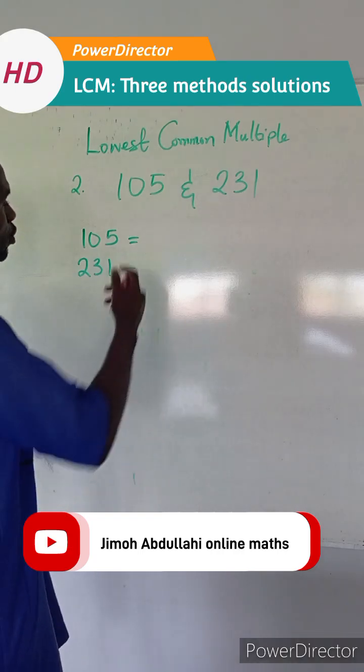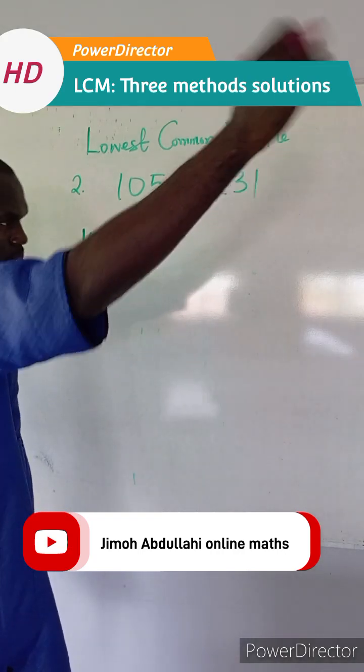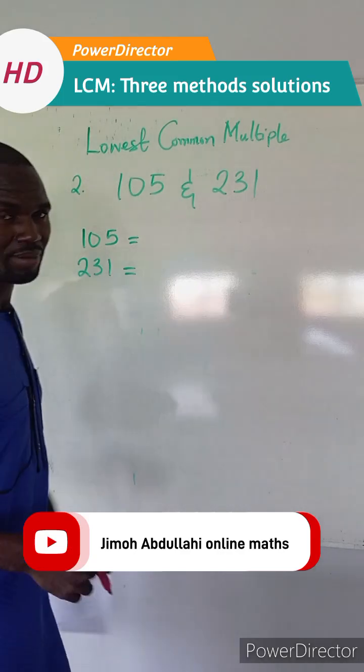Like I told you earlier, you're going to be multiplying by 1, by 2, up to the extent where you have the same answer.